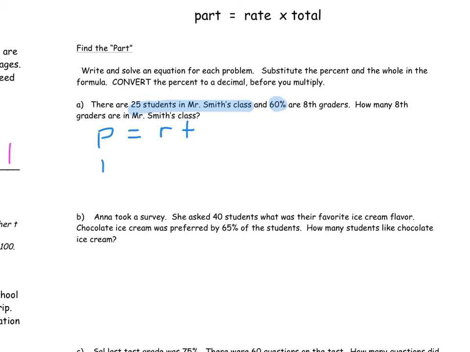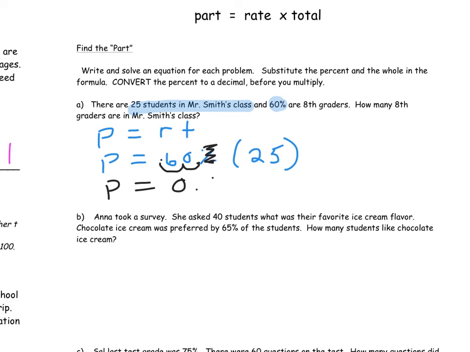And then we don't know the part, that's what we're asked, how many are eighth graders out of her total number. The percentage rate they give us is 60%. And then we're going to multiply that times the total number of students, which is 25. Before we multiply, we have to remember to get rid of the percent and scoop the decimal 2 places to the left. And so now here's what we're going to work with.